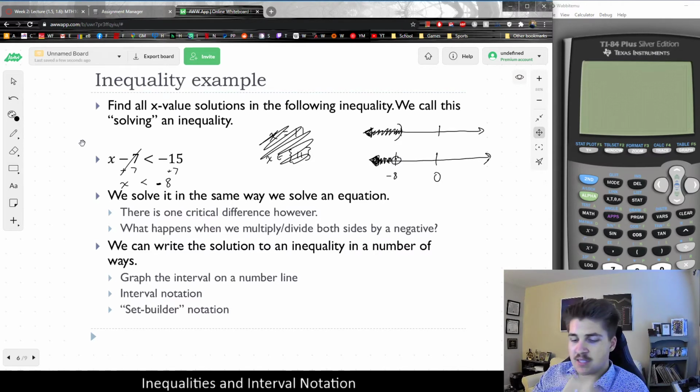And the only difference is if it were an inequality such as less than or equal to, that would include -8 as being a part of our answer. And so we would shade in -8 as a closed circle, or how we'd write that on a number line would actually be using a bracket instead. The bracket indicates inclusion because it kind of has more stuff in it, whereas the parenthesis means it's not part of it.